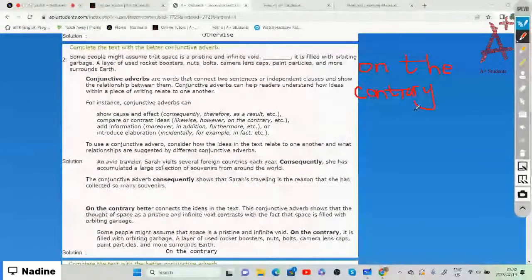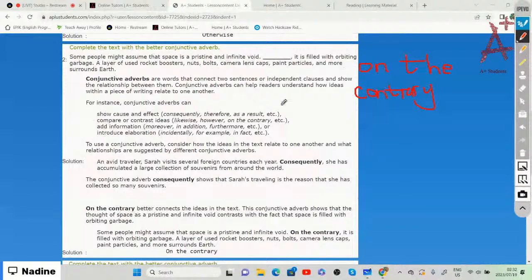So, on the contrary, some people might assume that space is a pristine and infinite void. On the contrary, right? It's like saying, however, it is filled with orbiting garbage. A layer of used rocket boosters, nuts, bolts, camera lens caps, paint particles, and more that surrounds Earth, right?